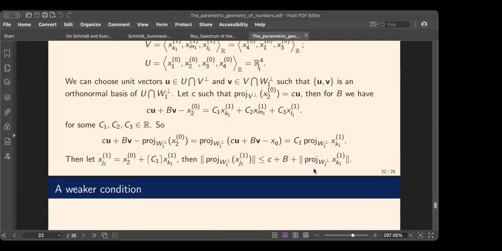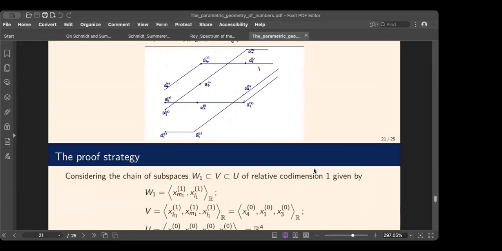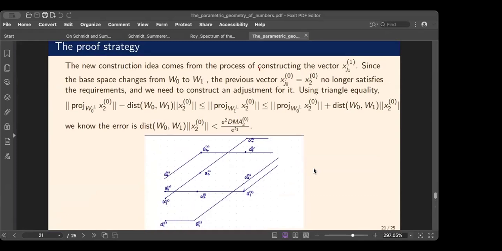But if Ki is larger than Gi, we didn't use this construction, and we just use the previous xgi minus 1. This slide calculates that if we use the previous vector and don't change it, there is some error, but we can carry this error to the next step.